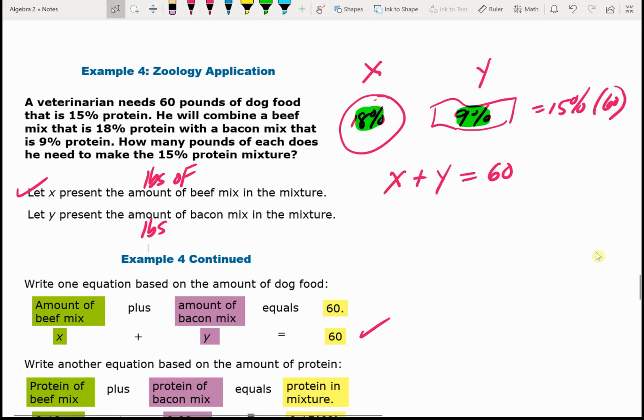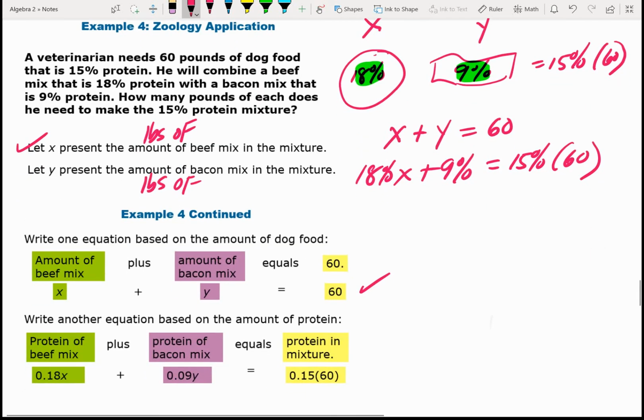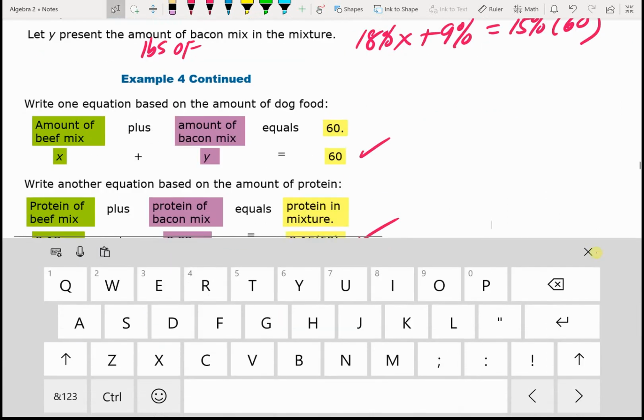The total number of pounds in the end has to equal 60. But 18% of X plus 9% of Y has to give us a final mixture of 15% of the total. So 0.18X plus 0.09Y equals 0.15 times 60.